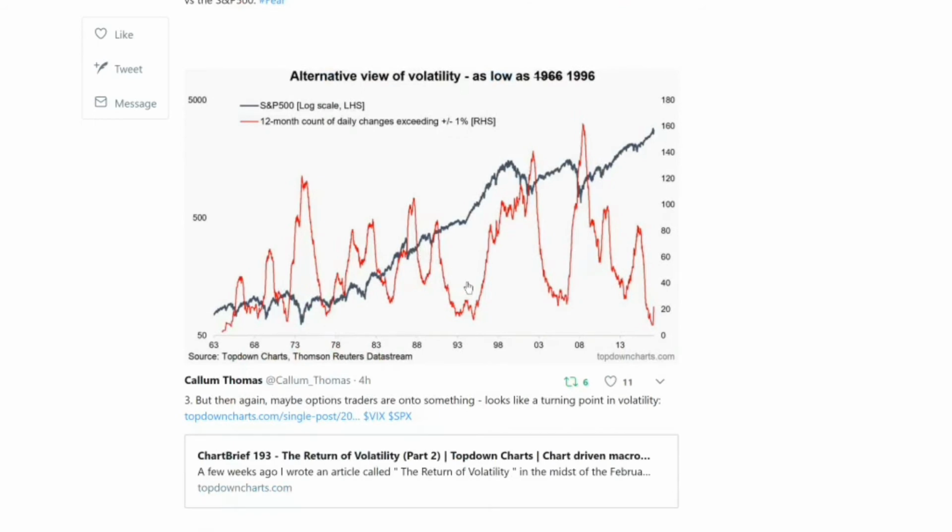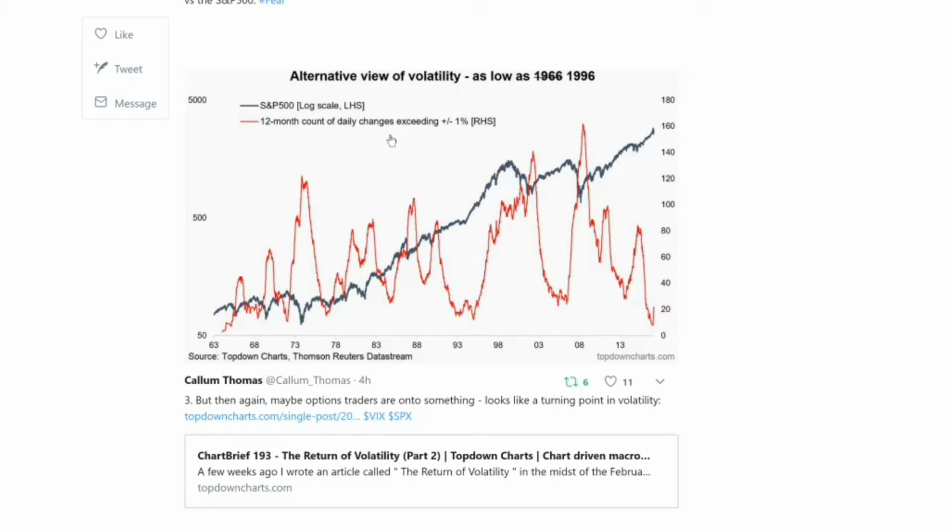And on to number three. This is a favorite of mine. It's my alternative view of volatility, and the red line is a 12-month rolling count of daily percent changes exceeding 1% plus or minus.